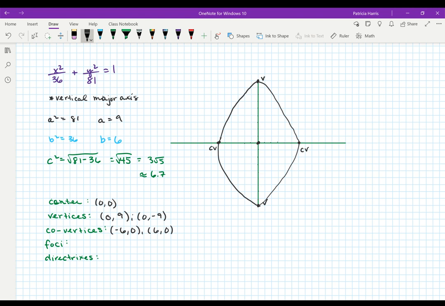Okay, let's find foci. So that's going to be 6.7 along the major axis from the center. 1, 2, 3, 4, 5, 6.7 would be about right here. 1, 2, 3, 4, 5, 6.7. Okay, so there's 2 ways you can write this. You can write it like this.